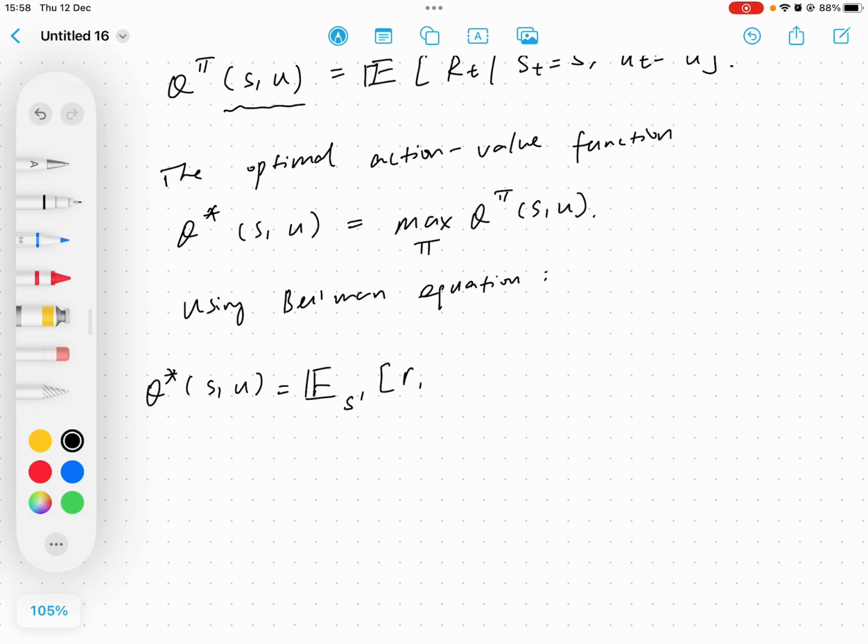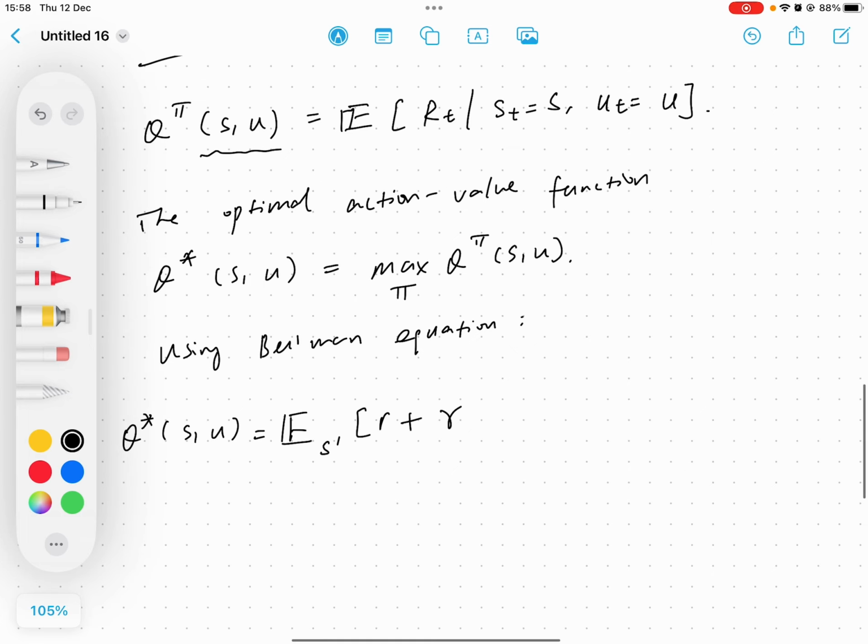We have the current reward r plus the discounted future rewards, and the discounted future rewards also need to be the maximum, because we have this Q star.